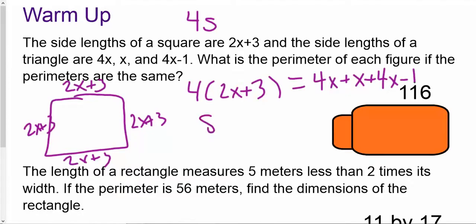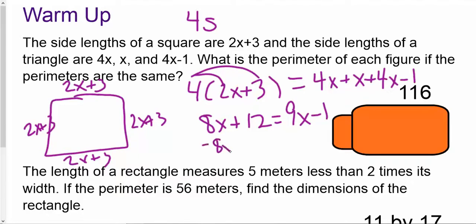This gives me 8x plus 12 equals 9x minus 1, which is fantastic. Now we get our variables on the same side. So let's subtract 8x because we have more x's on the right. This gives me x minus 1 equals 12, and therefore x is equal to 13.